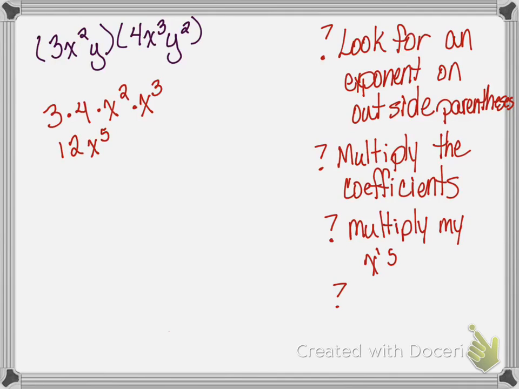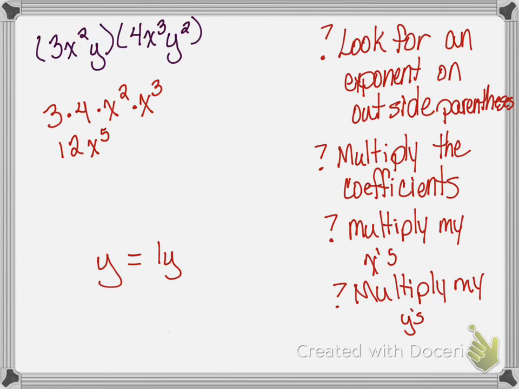Then I multiply my y's. Now, if I had y, what coefficient is in front of that y? 1. So y is the same thing as 1y, and I don't have to write that 1.